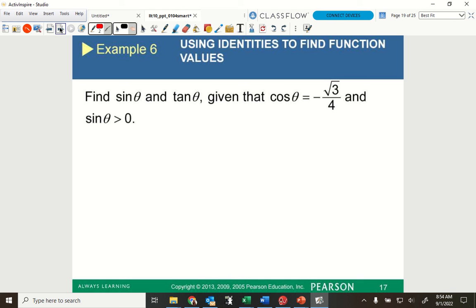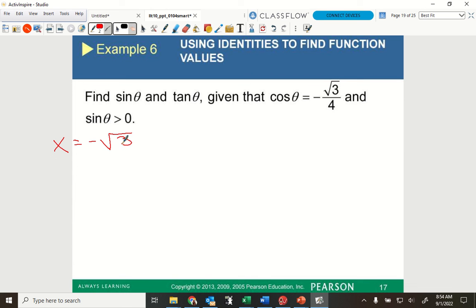So cosine theta, what do we know cosine represents? Say it, what is cosine? X over r. So I know my cosine, so x is going to be what value? Negative root 3, or negative rad 3? Why would it be negative?